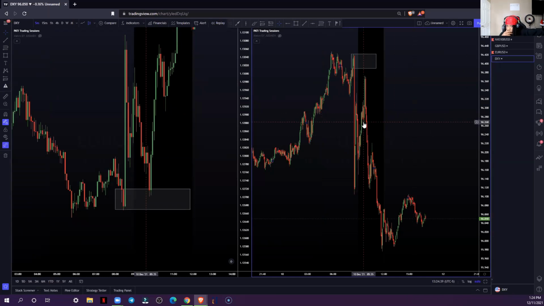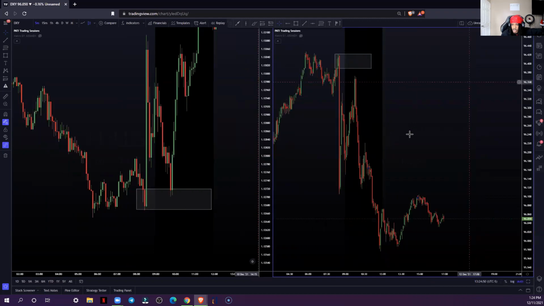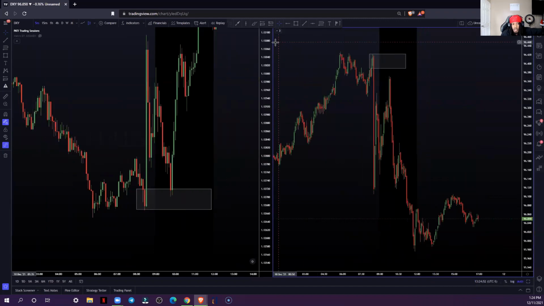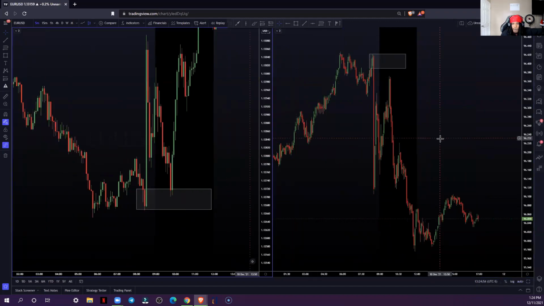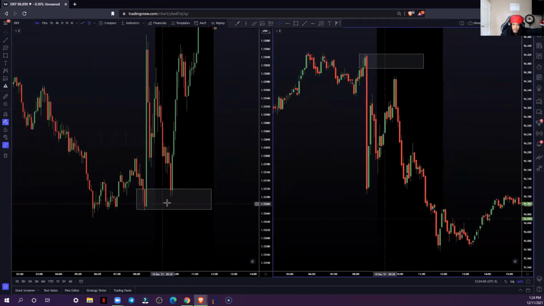In the morning, this is the setup that we took Friday. By the way, we went crazy Friday, not gonna cap. If you're looking at the DXY, really look at these two, because we know they're the complete opposite. But look at their high probability supply and look at Euro USD demand. Okay, I've been back testing this for a minute.